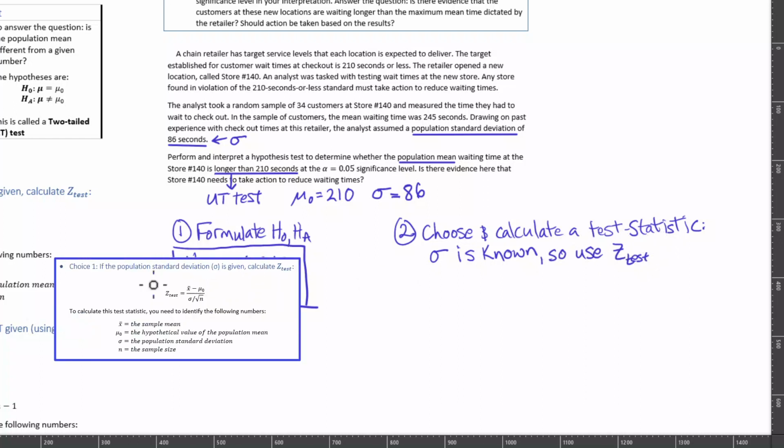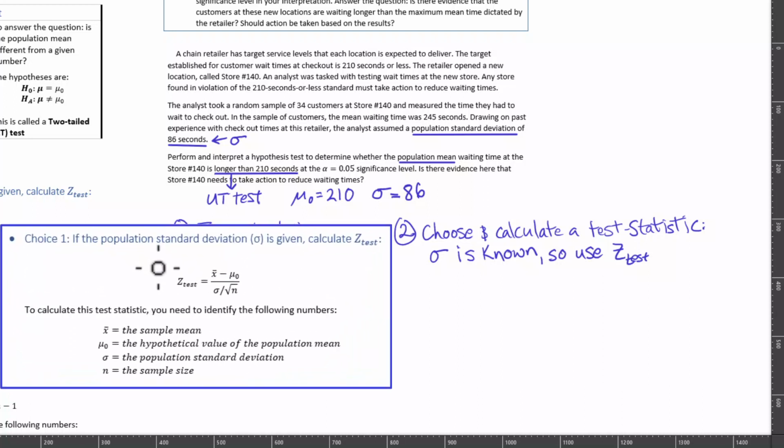To calculate z-test, we need to identify 4 numbers, 2 of which we've already identified. Mu 0 is the hypothetical value of the population mean, which is 210. Sigma, the population standard deviation, is 86. We also need n and x bar. x bar is the sample mean, and the mean waiting time in this sample of customers was 245 seconds.